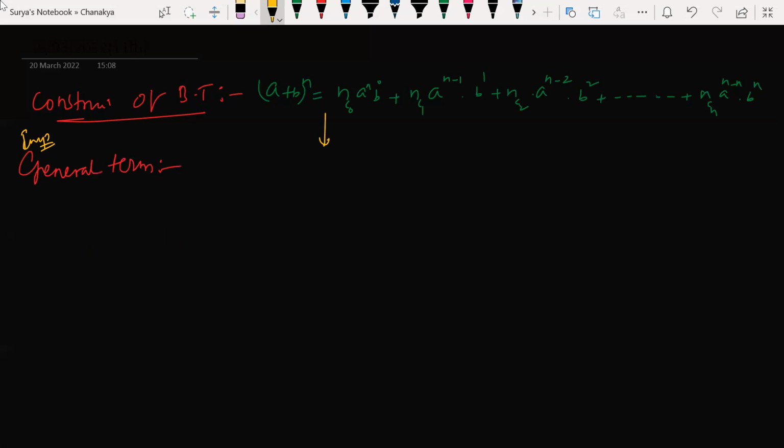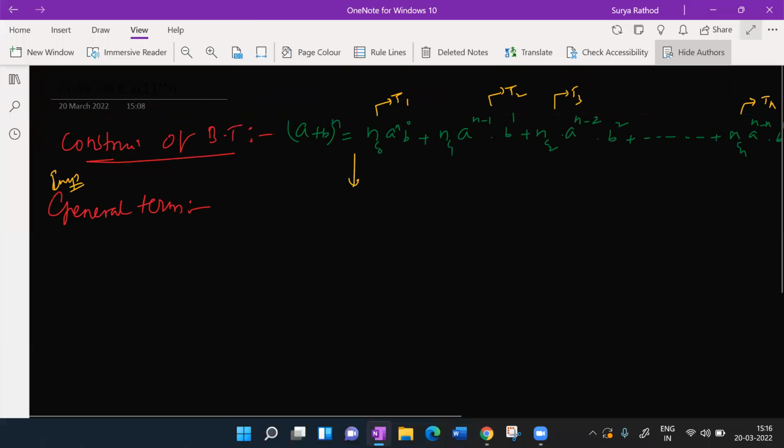Here, look at this: this is my term 1, T1, this is term 2, term 3, and this is the nth term. T1, T2, T3, and so on till the nth term.